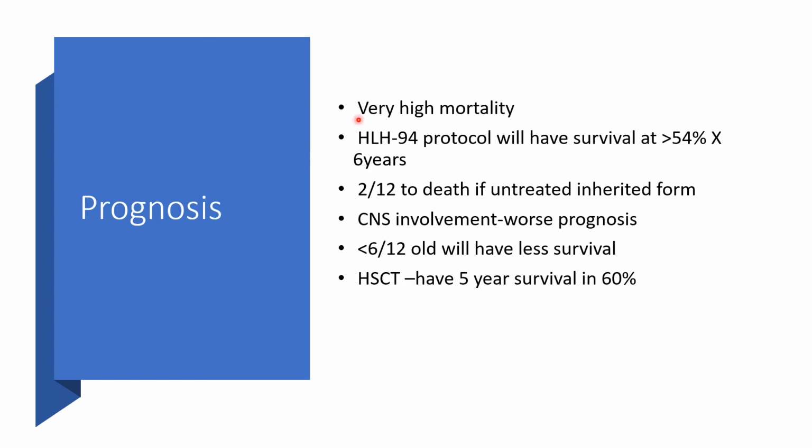Prognosis. Mortality is pretty high. The HLH-94 protocol has given room for survival for more than 54% of HLH-affected people to live up to 6 years. 2 months is the lifespan, meaning it's 2 months to death if untreated and it is the inherited form.